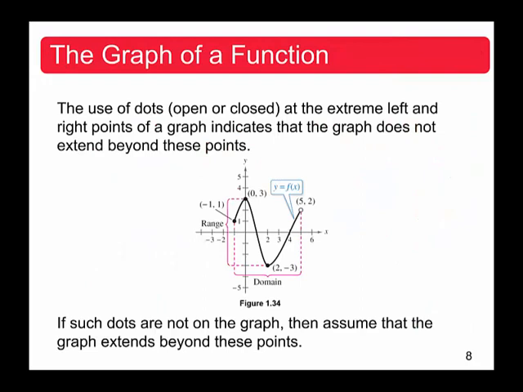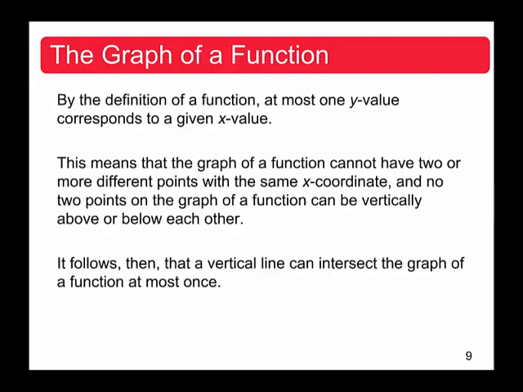As you can see, the left endpoint and right endpoint determine the boundary here, and the graph doesn't go beyond those two points. So we have a limited graph that does not extend in both directions.